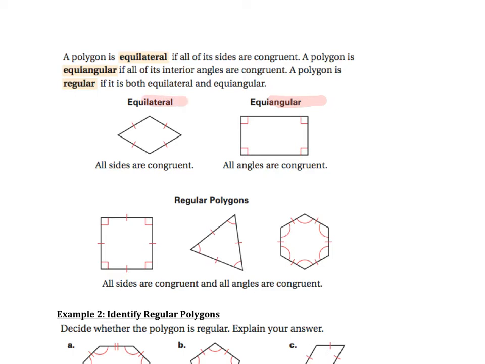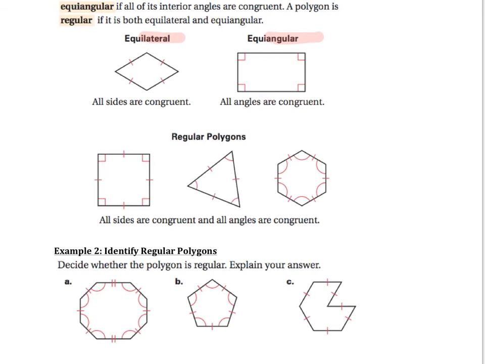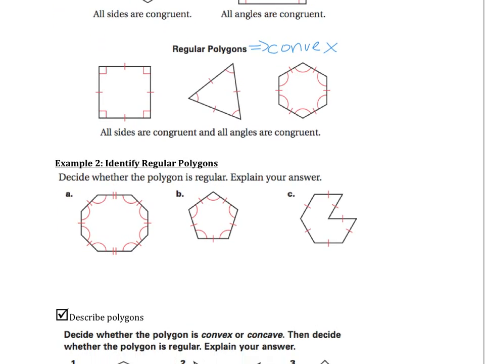Same with equilateral. Lateral means side, so equal sides. Regular polygons are convex polygons that are both equiangular and equilateral. So sides and angles are congruent.